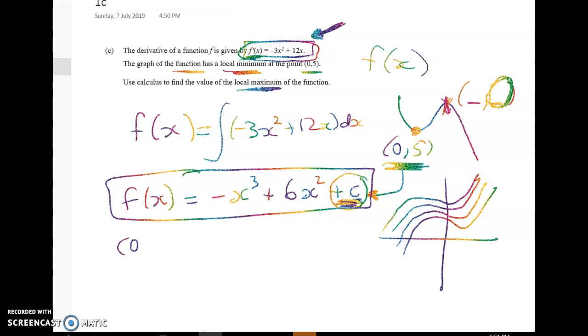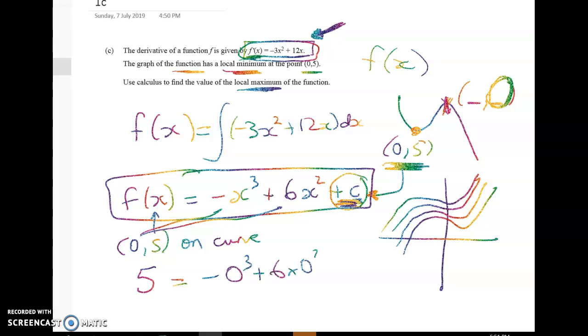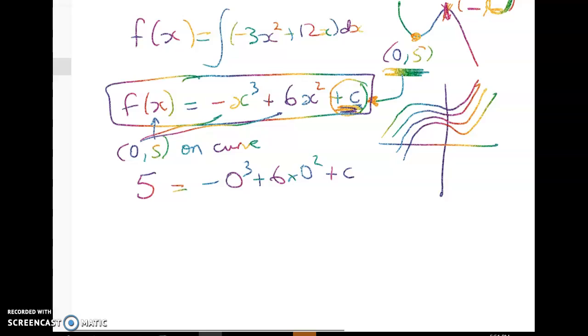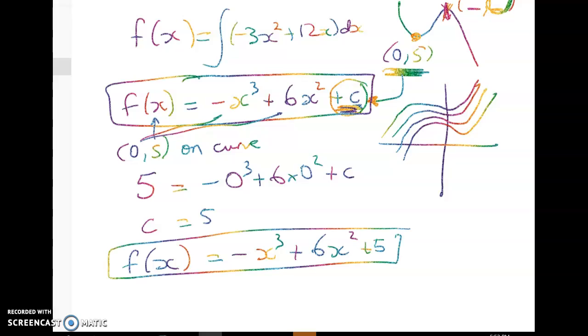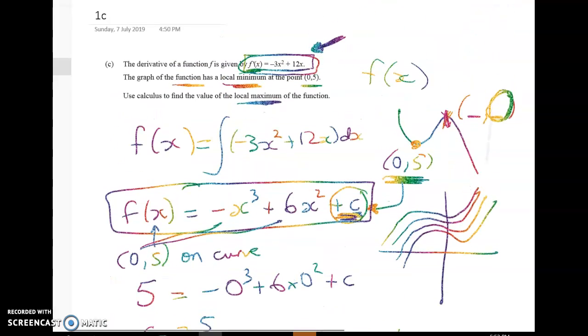We know that 0,5 is on the curve, so we can substitute this point into here and get the following: 5 is equal to negative 0 cubed plus 6 times 0 squared plus c. That gives me that c is equal to 5. So my function, f of x, is equal to negative x cubed plus 6x squared plus 5. We're going to park that for now, and use it again at the end of the question.